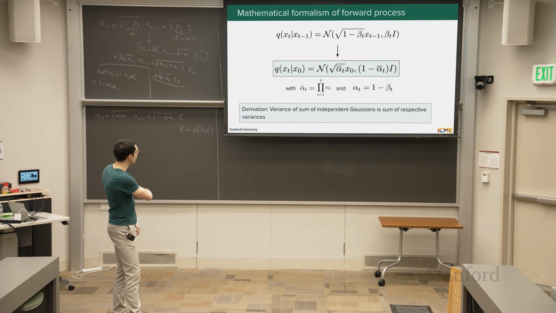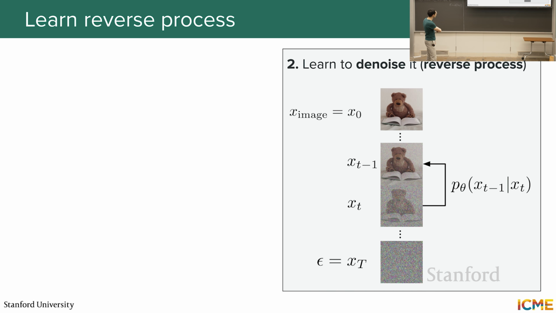Cool. Moving on. So now what we have done is just define our forward process, and we also derived the convenient way to noise our image from step 0 to step t without going through all the steps.